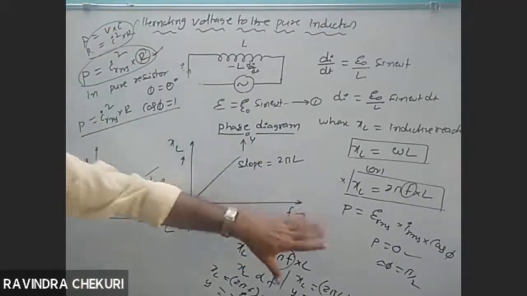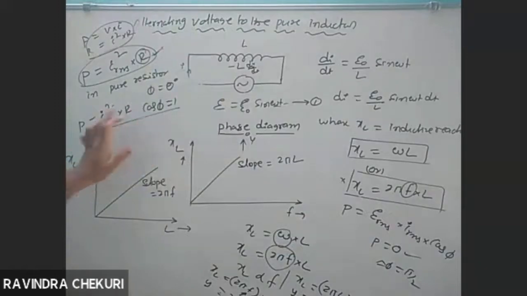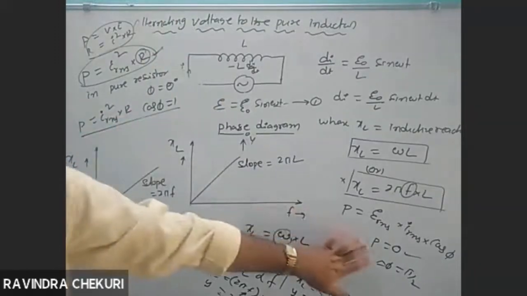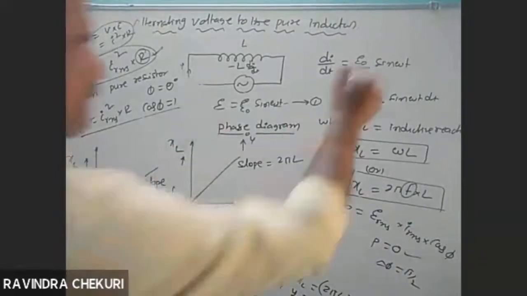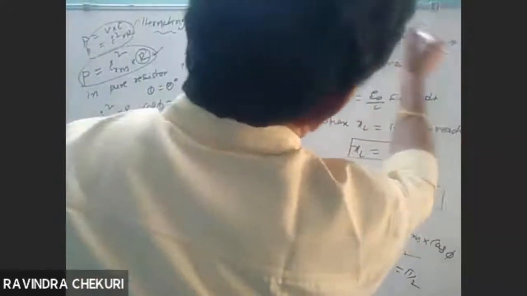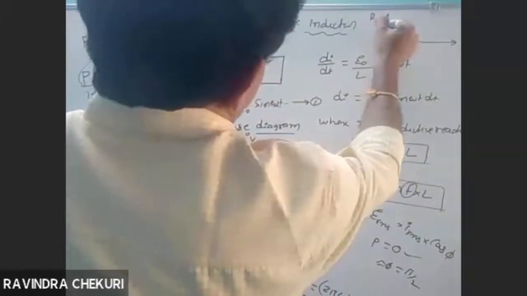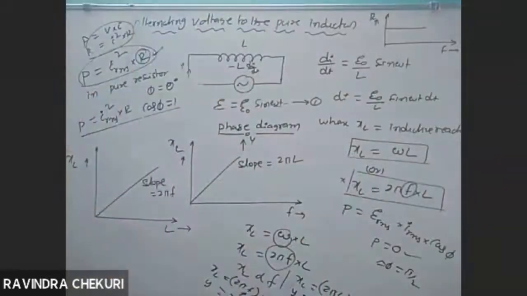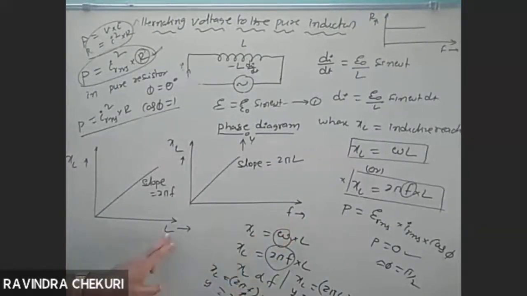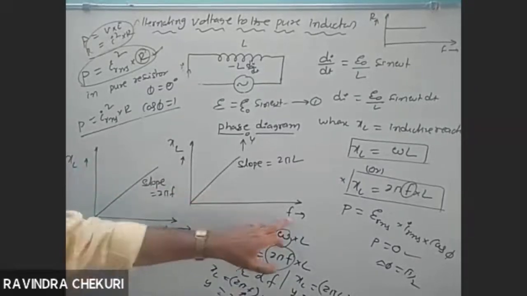Power consumption in this case is 0, based on the phase angle. Now consider the graph between resistance and frequency in the previous case, with frequency taken along the x-axis. Resistance does not depend on the frequency of AC sources. But here, based on the coefficient of self-induction, the reactance changes as frequency increases.